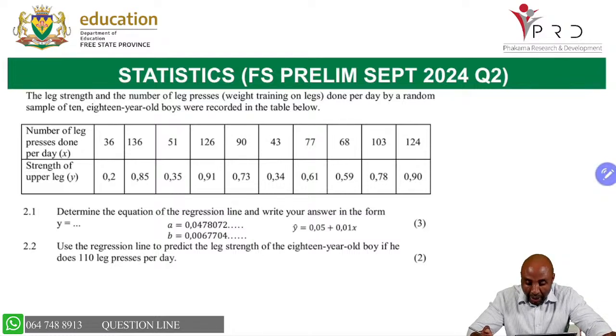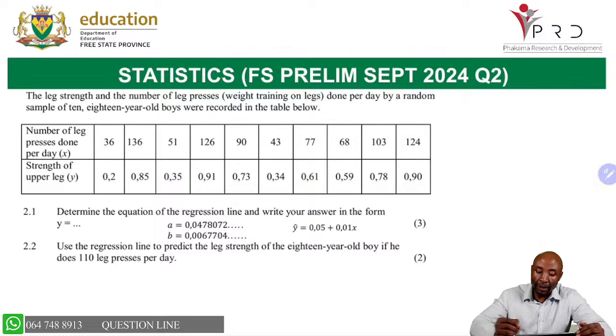Now we get our equation as y is equal to 0.05 plus 0.01x. Remember, this is to 2 decimal places.